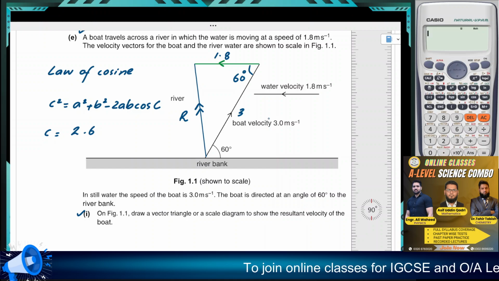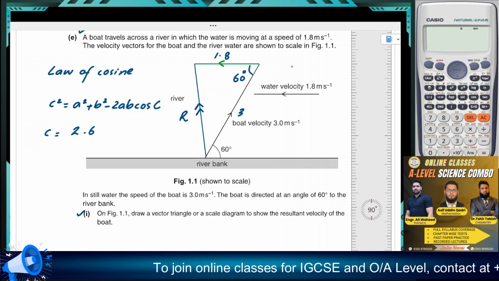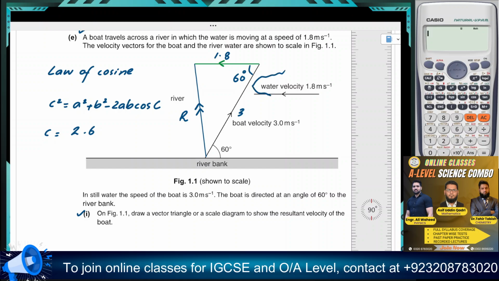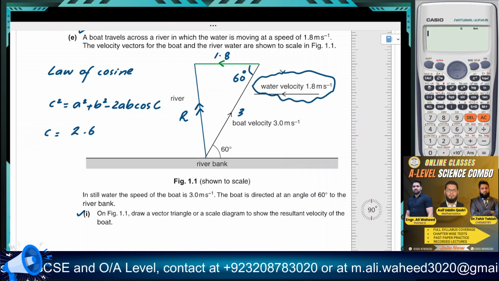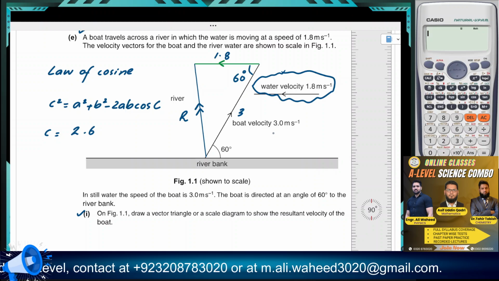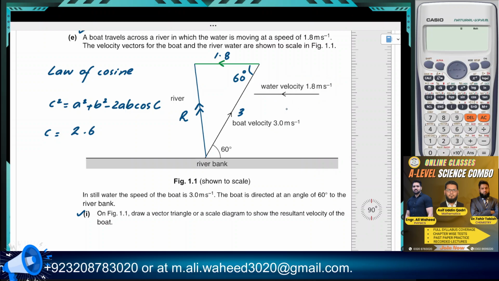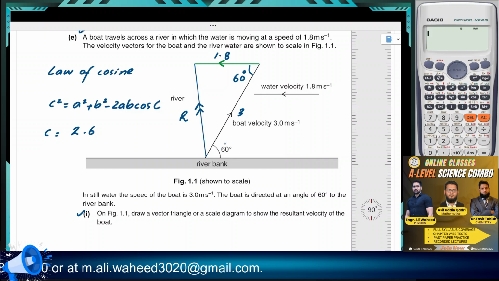And could you state the reason for it? The water is moving away from the boat velocity. Yes. Basically, the actual velocity of the boat would have been 3.0 meters per second.